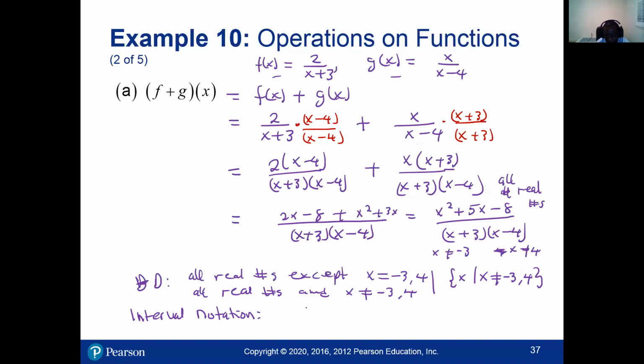So from -infinity to -3, okay, it doesn't include that, union -3 to 4 on the real number line, and then from 4 to what? +infinity. Okay, so that is the first one, part A. We're going to do the same for the difference. So that's the sum. Okay, now let's go to the difference.